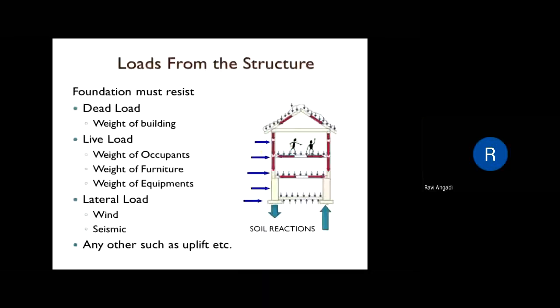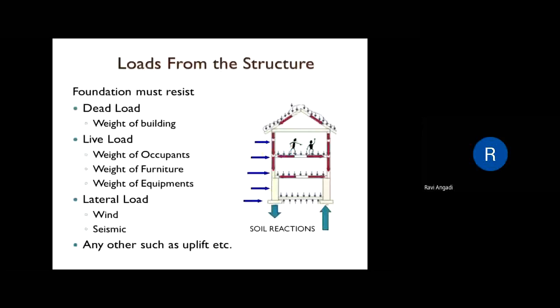So the structure is designed, and the weight of the structure is then found from the designed dimensions and compared with the assumed weight. If necessary, the design procedure is repeated using the revised weight. That is how we calculate the dead load, which is nothing but the weight of the building. It includes beams, columns, everything.